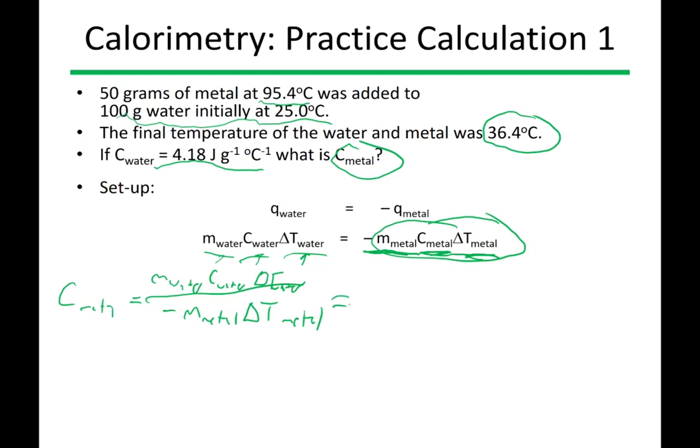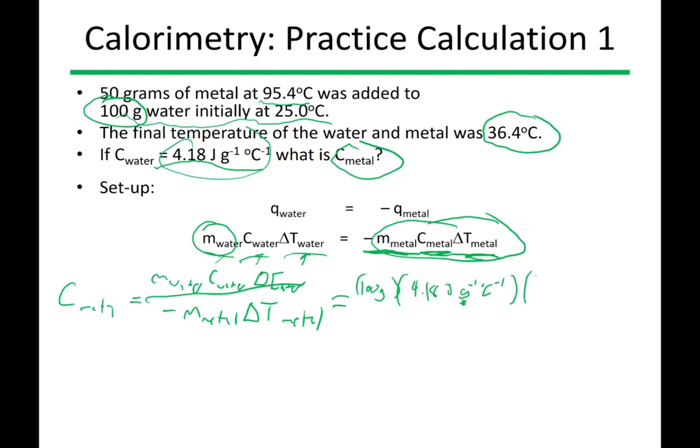So we can start plugging these values in. We have the mass of the water, that's 100 grams. We have the heat capacity of the water, 4.18 joules per gram per degree C. This is a good time to check that we are using the right version of this equation. So where we have mass, the heat capacity is in units of mass, so we're good to go.